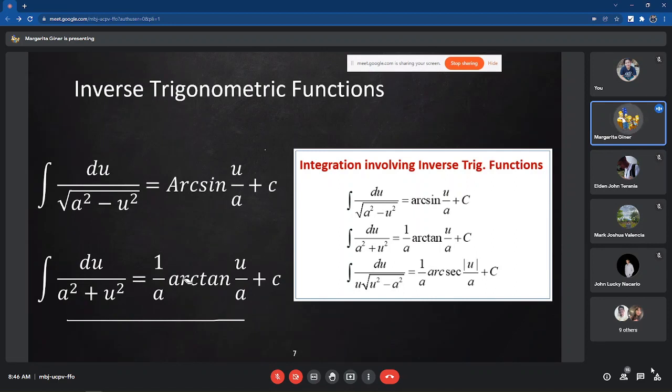So of all, si integration by parts ang pinaka-budlay sa ila. Actually, may mga iban pa na: may trigonometric, may integration by parts, may substitution, may partial integration.